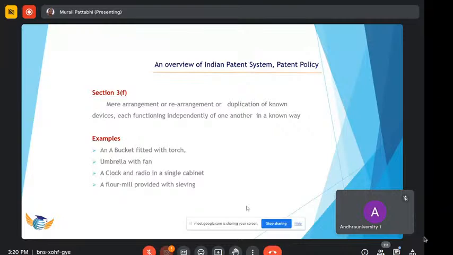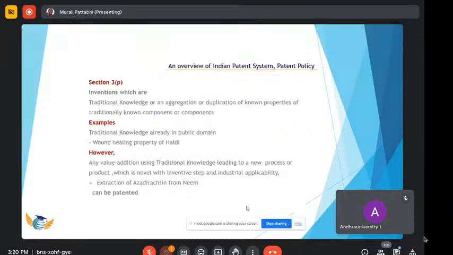Or if you simply say there is an umbrella and I would fix even a fan, so two activities will be done, you will not be given a patent. But if I say that if I fix these two, I would have three activities, or there will be a synergy in it. If I can prove that, I will get a patent. So this is about 3F.